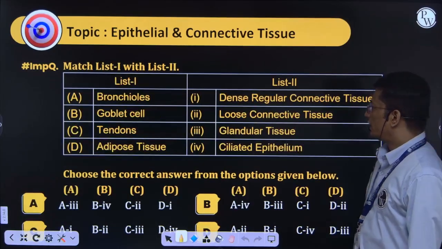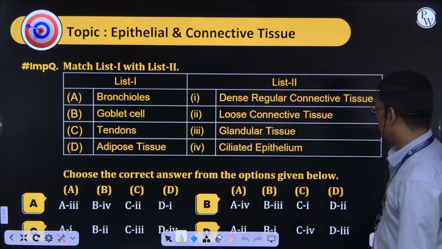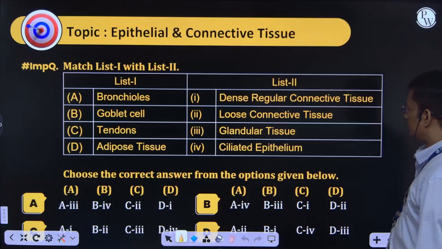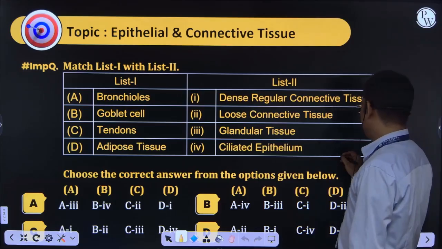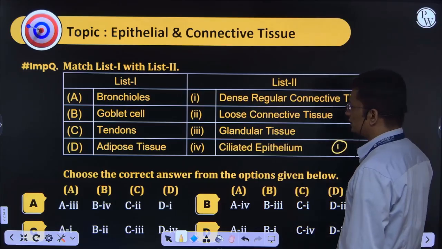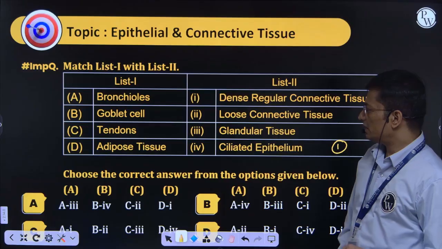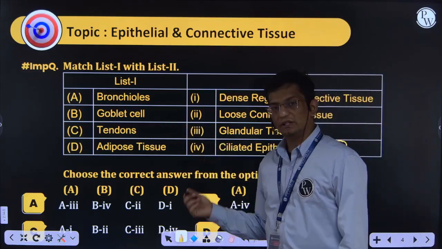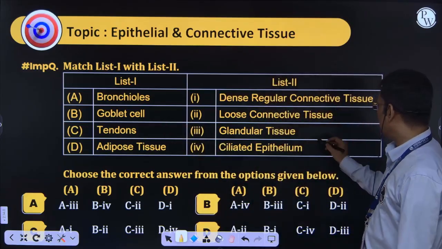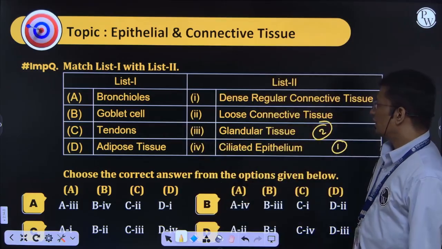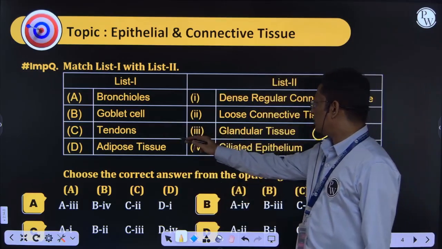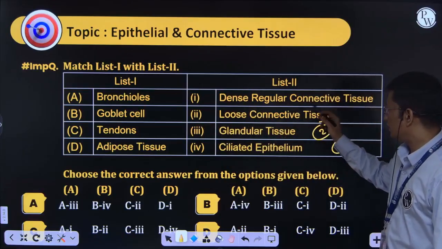Next one, bronchioles. Where is bronchiole present? Ciliated epithelium is present in bronchioles. Goblet cells. Goblet cells are unicellular columnar cells and act as a unicellular gland. So you can see glandular tissue. Tendons. Tendons are a particular type of dense regular connective tissue.